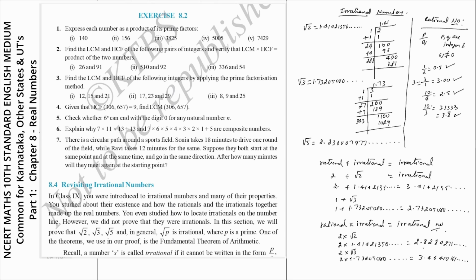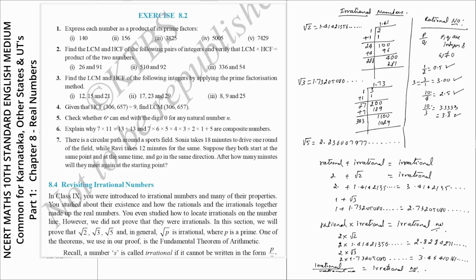And also, if you divide an irrational number by a rational number, you will get an irrational number only. So based on this concept, let us go ahead and see what's there in your textbook.